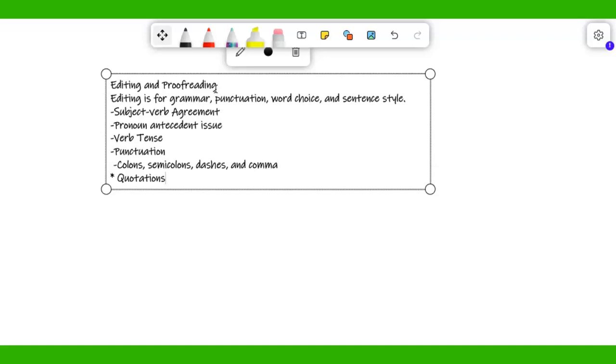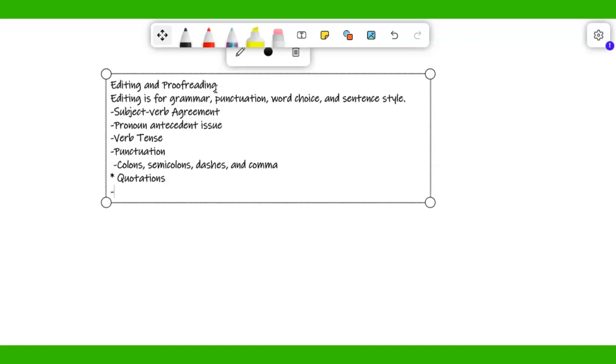And one last thing, when we are editing and proofreading, I want you to think about those commonly confused words. Things like their and there, to, too, and two.